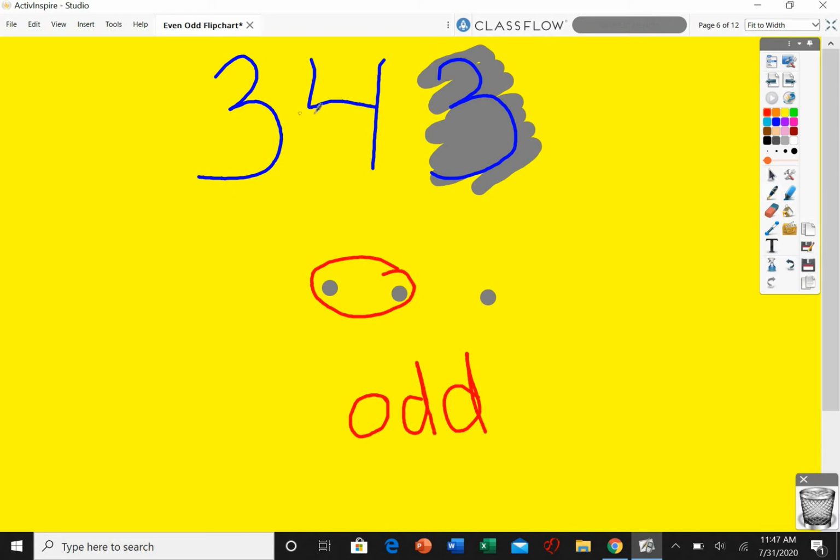That whole number is odd because the 3 in the ones place is odd. You just have to worry about the last number. It's going to be easier just to draw that. Wouldn't it have taken us forever to draw 343 dots? It sure would have. It's a lot easier just to draw 3. So remember, you only have to worry about whatever number is in the ones place down here at the end. You do not have to worry about the rest to tell if it's even or odd.